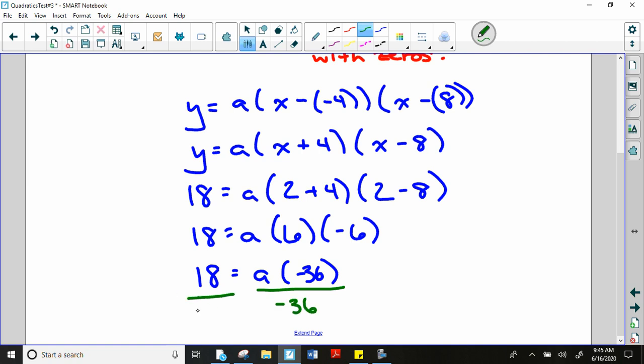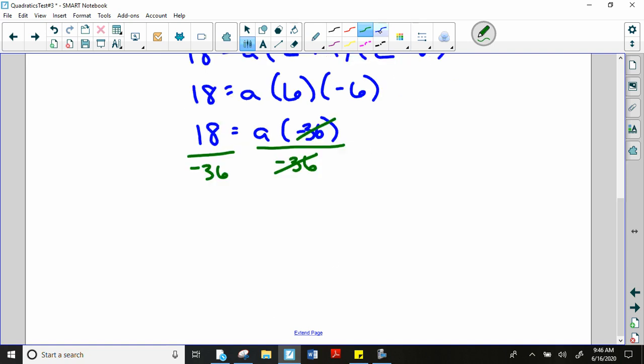If you do it to one side, I have to do it to the other. We do a little bit of that. We do a little bit of that. Now, numbers that come out of both 18 and 36 would be 18. This is a -1/2.